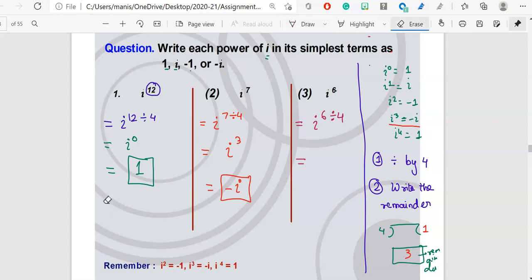You can write it over there, or you can do mental math also. 4 times 1 is 4. So I will subtract this. What is my remainder? 2. Now go to the right side and tell me what is the value of I square. Negative 1. So this is my answer.